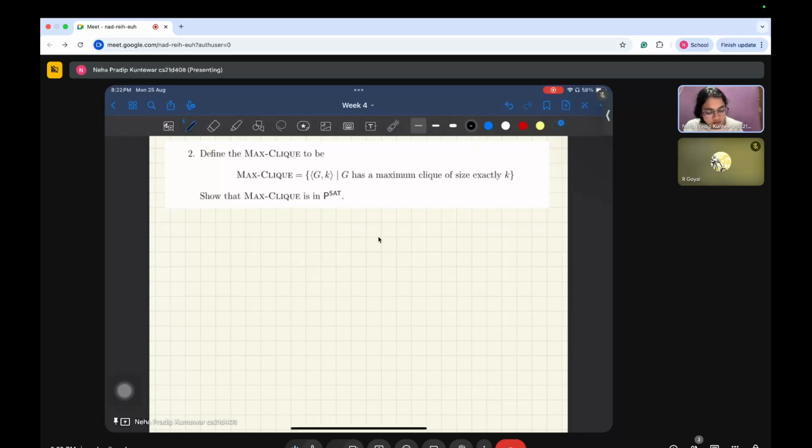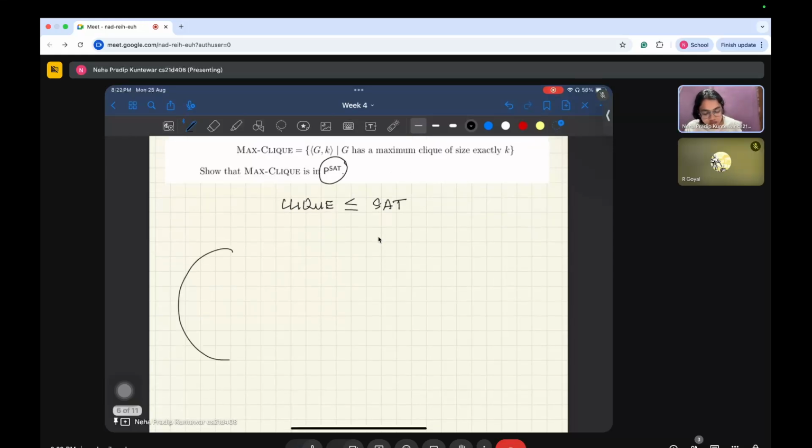So the main idea here is exactly what you asked. We know that satisfiability reduces to click. Sorry, click reduces to satisfiability. We have this graph G, and we want to check whether there's a click of maximum size k.